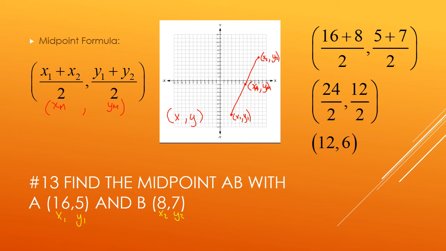And then I have y1, which is 5, and y2, which is 7. 16 plus 8 is 24, 5 plus 7 is 12. Divide these by 2, and this is my point. See that it's in the form parentheses, comma, because this is the x of my midpoint, my y of my midpoint, and I could graph this on a Cartesian plane.